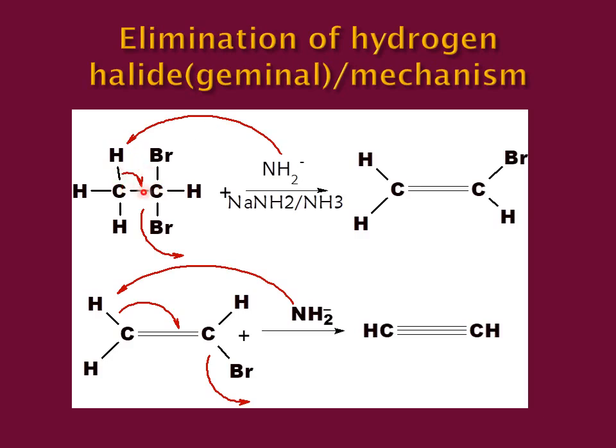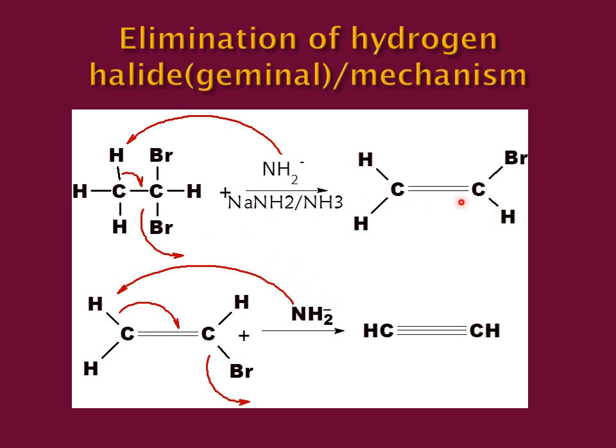By shifting this bond, it is going to increase the valency of this carbon, making 5 bonds. So, in order to satisfy its valency, it is going to break the carbon to bromine bond, and Br negative will be released into the medium. In this way, vinyl bromide is formed.